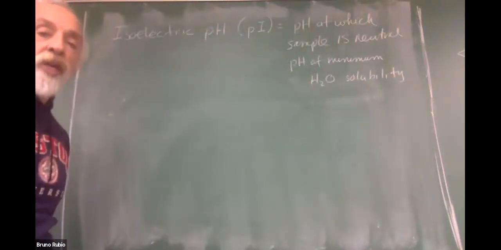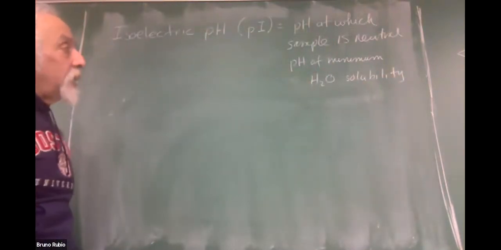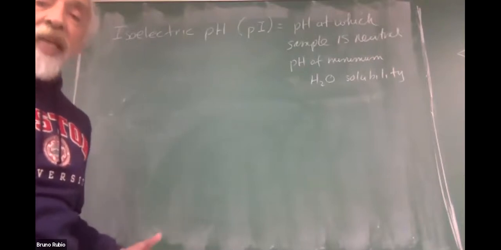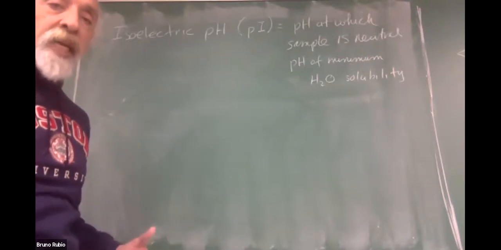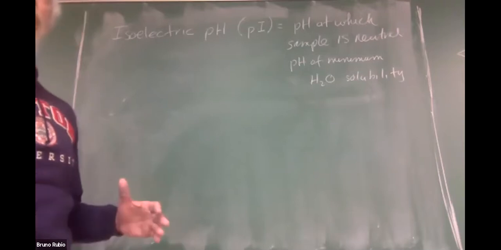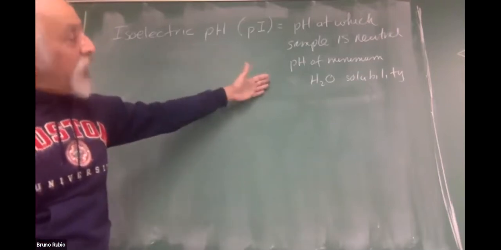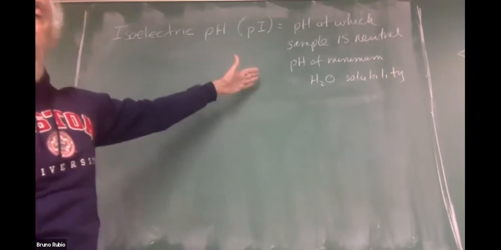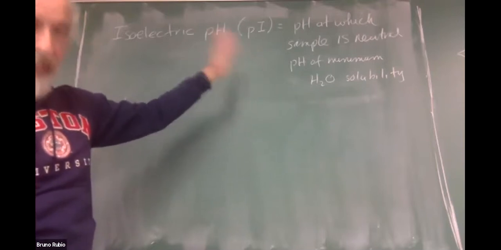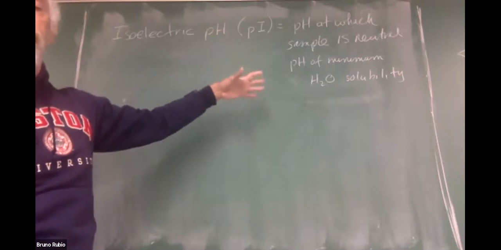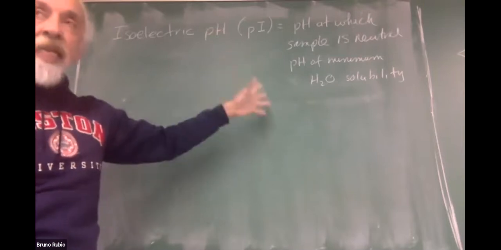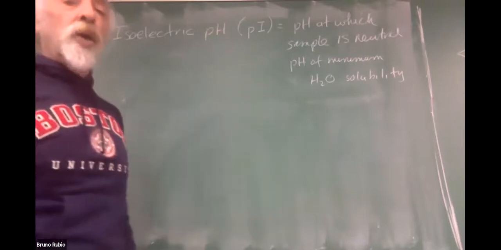So water is very good at dissolving stuff that has charge, but it's not that great at dissolving stuff that is neutral. So the amino acid at its isoelectric pH, at its isoelectric point, is going to demonstrate the minimum solubility. Okay.